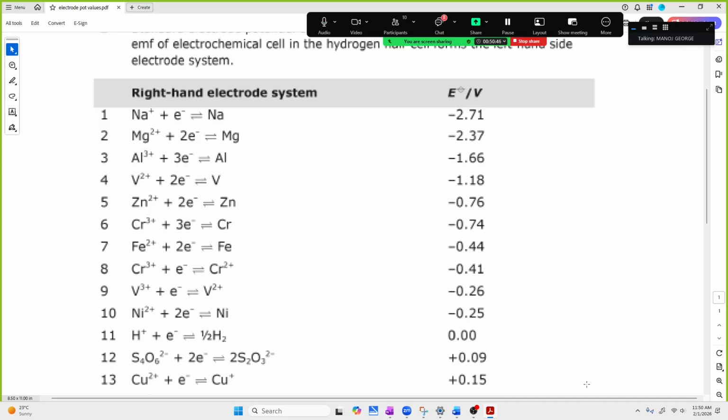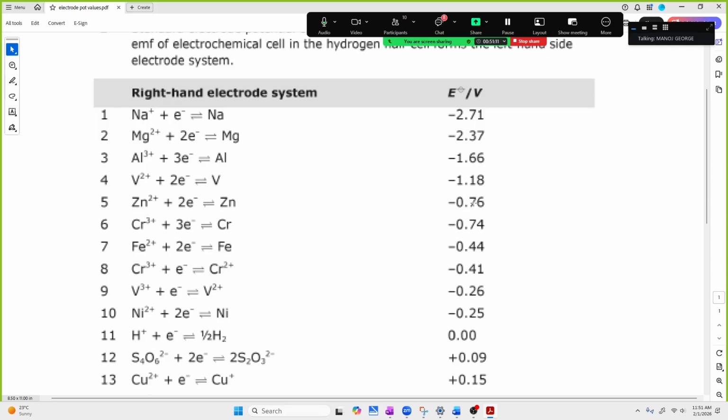Could you type the value, please? I just want to be sure that you are seeing what I want you to have a look at. You saw this equation, equation number 5. I have Zn 2 plus, I have zinc, and the value is negative 0.76.